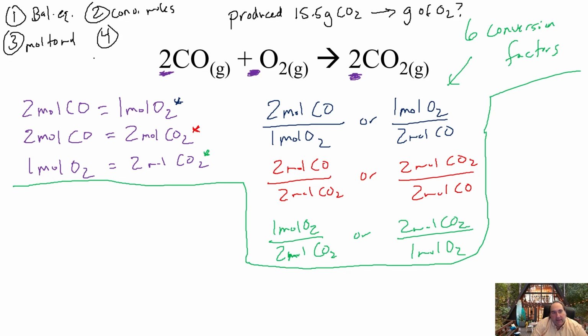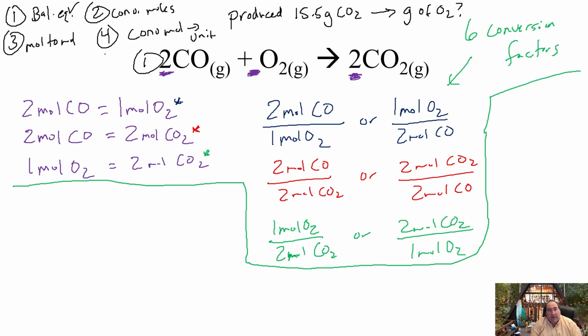And lastly, convert moles to some other unit. So let's go through this list with this problem. Well, I need a balanced equation. So step number 1 is done. That is all good.